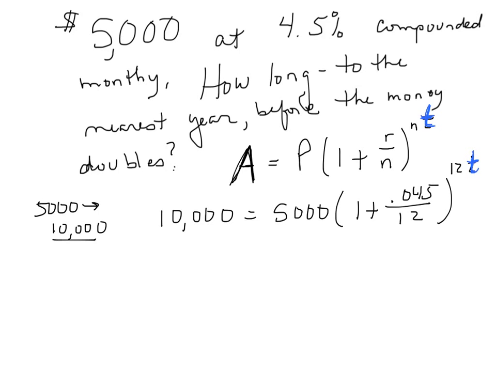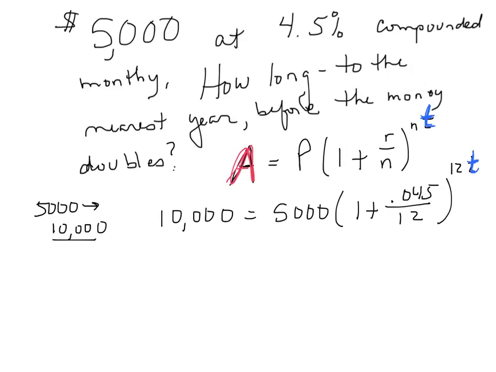In all the problems we've done up until now, I've known t, and I've been looking for the amount. So on these problems, typically, you're either going to be finding the amount if you know t, or you're going to be finding the year if you know the amount.